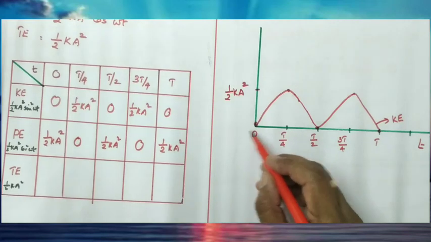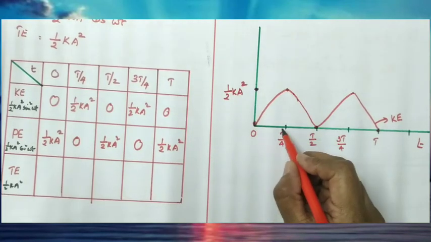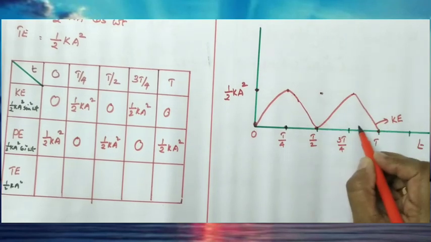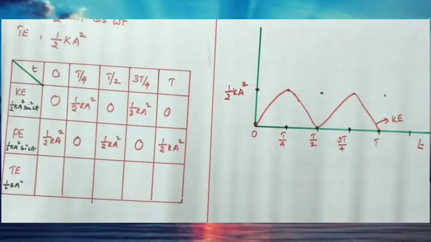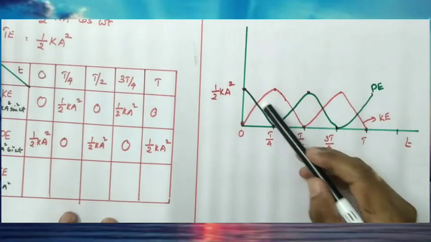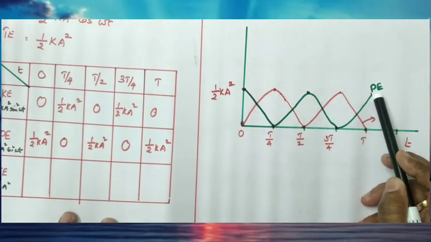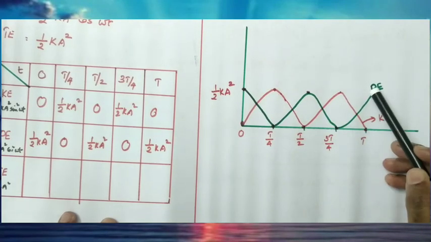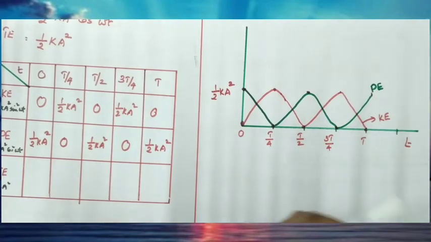Potential energy first value, initially it is half k a square, then 0, then again half k a square, then 0, then again half k a square. Now if you join the points, you will get the graph like this. So this represents the potential energy, initially half k a square, 0, half k a square, 0, again half k a square. So this is the graph representing potential energy and time.